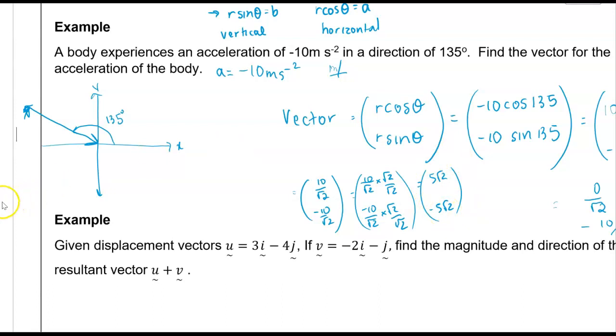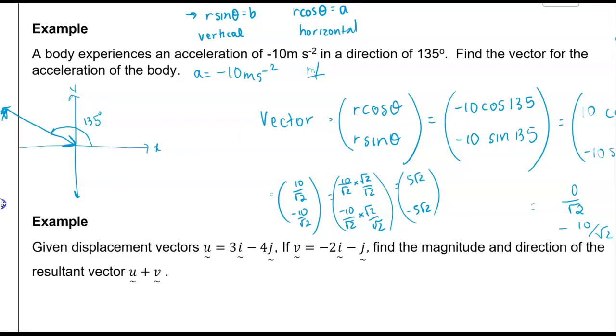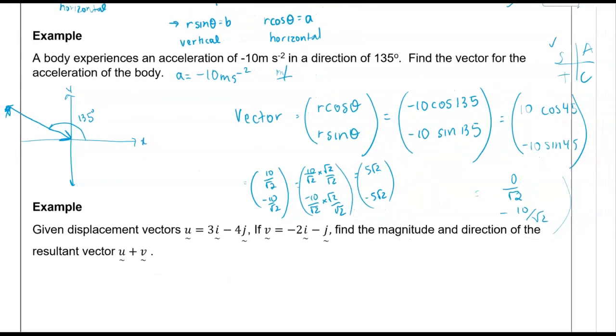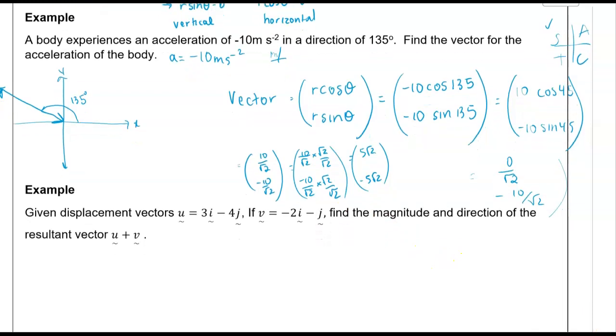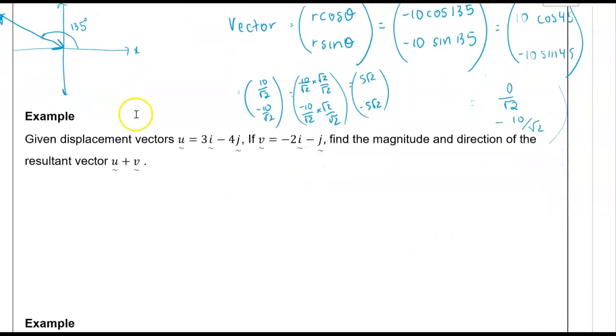The next example. So we have got two displacement vectors, vector u and vector v: 3i minus 4j, and minus 2i minus j. I'm not going to draw it right now. It says find the magnitude and direction of the resultant vector. So let's just draw the resultant vector. Thinking back to earlier on, how do we get u plus v? We just sum our components. So vector u plus vector v, let's sum our x components.